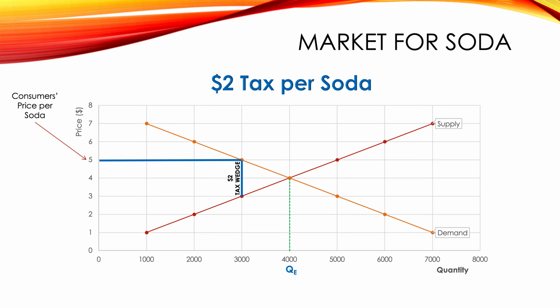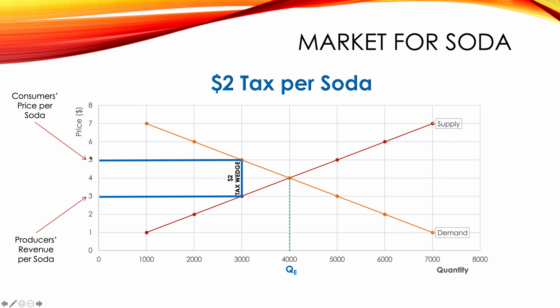So how much revenue is left over per soda for the seller to earn? Well, that would be $3. So you can either use that logic that I just laid out, or you can just remember that the tax wedge intersects the supply curve right there, follow it over to the y-axis, and that is the revenue per soda that producers get.